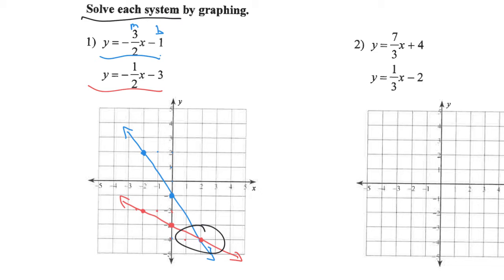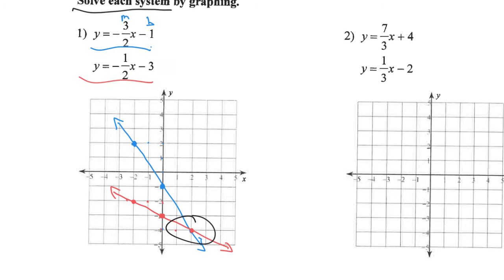Okay, so this point right there is the solution. So I'm going to give the x comma y. The x is 2 and the y is -4. You go right 2 and then down 4, and you hit that point. So that's how you solve by graphing. You just graph both equations and then find where they cross.